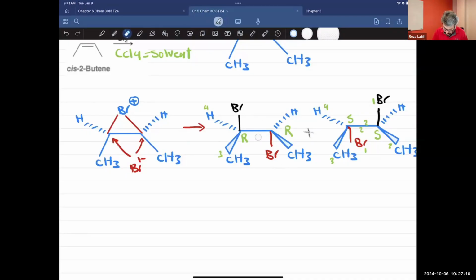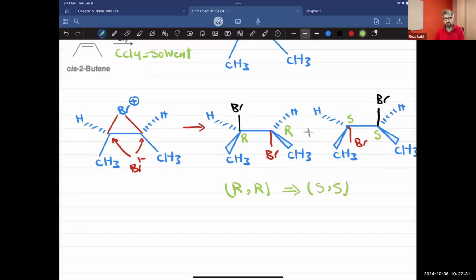So I got R and R for the first one, and the second one I got S and S. We got R, and the second one we got S.